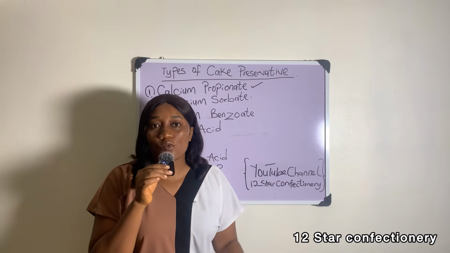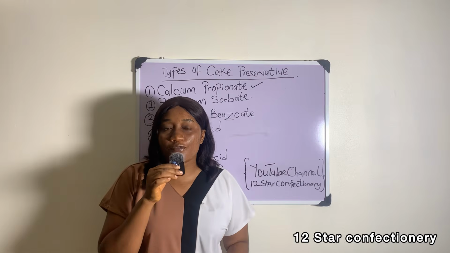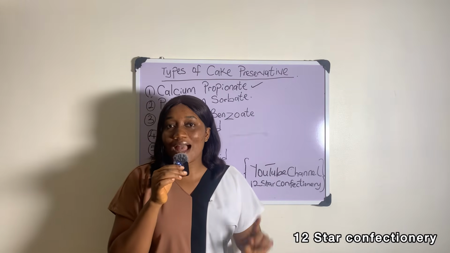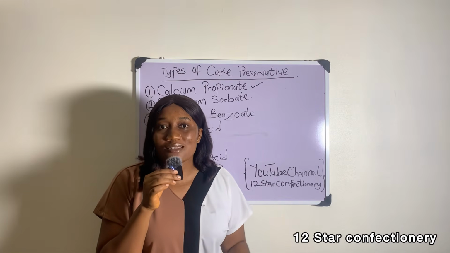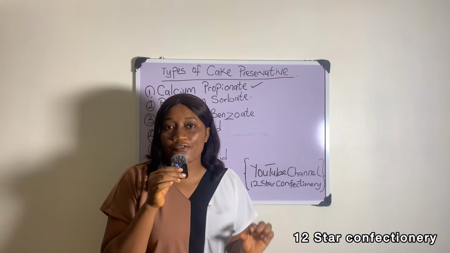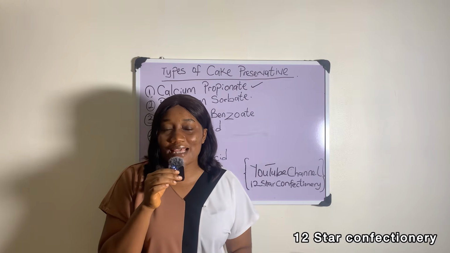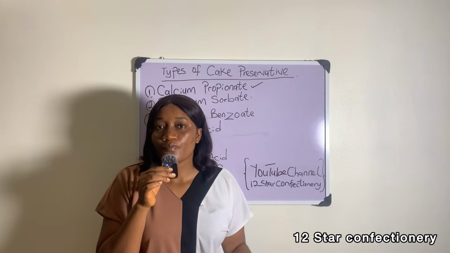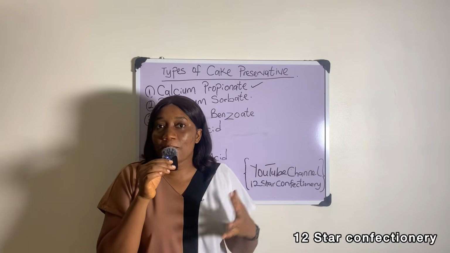If you are baking a cake and your flour measurement calls for 250 grams, the amount of preservative to add into that 250 grams of flour is 0.5 grams or 0.25 grams. Now, 0.5 grams is the recommended amount to add into 250 grams of flour, but if you add 0.25 grams, it is like the maximum amount.